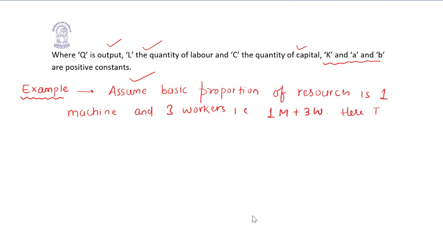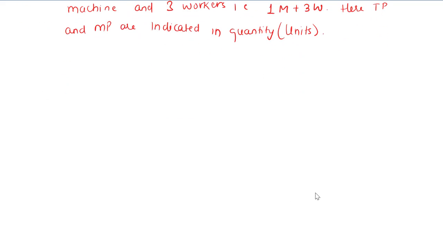Here total product and marginal product are indicated in terms of quantity, and the quantity is in units. Just make this small table.